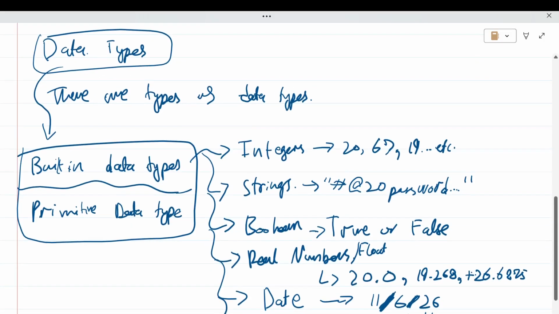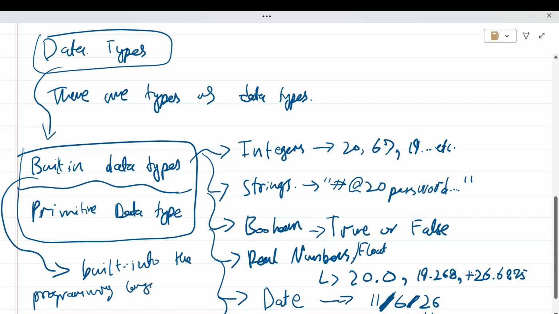These are what we call built-in data types or primitive data types, right? Now the definition for this would be that they're built into the computer system or the programming language that somebody is using. Built, that's two T's, built into the programming language a programmer is using, right?